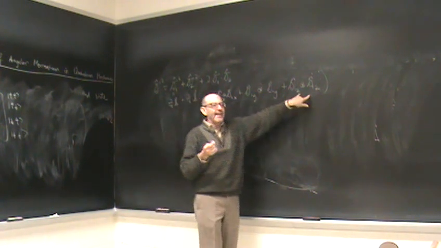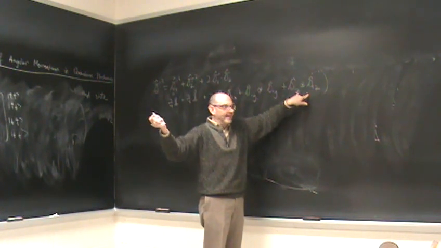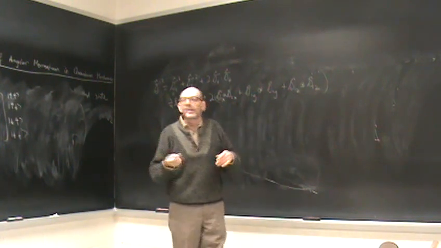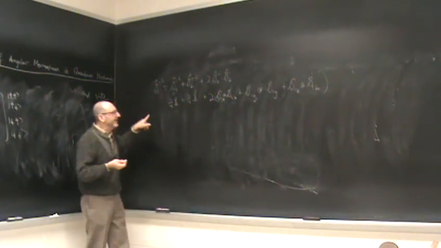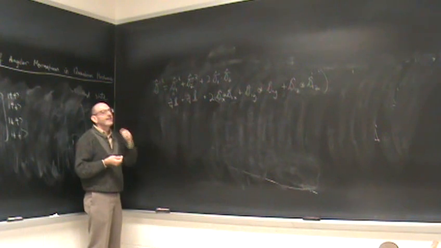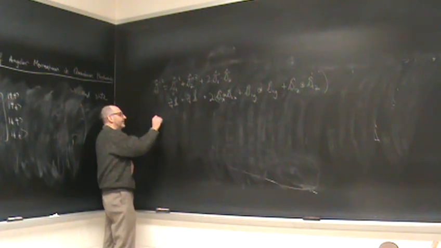Well, we know how this acts, right? Because this is an eigenvector. I mean, the uncoupled states are eigenstates with eigenvalue plus minus 1. So I think we're going to have to finish this up in the next lecture. But it's a trivial business.